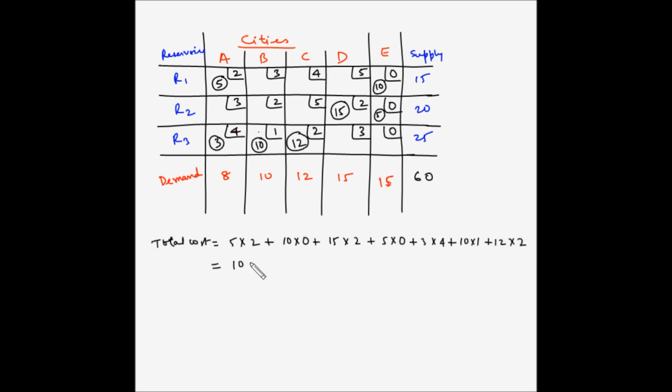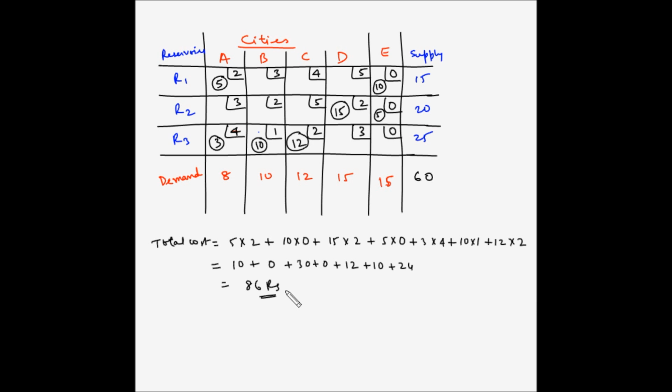So this is 10 plus 0 plus 30 plus 0 plus 12 plus 10 plus 24. So 10 plus 30 is 40, plus 12 is 52, plus 10 is 62, plus 24 is 86. So 86 rupees is the transportation cost. The previous solution gave us a total transportation cost of 91 rupees. So we have reduced the transportation cost by 5 rupees after the first iteration.